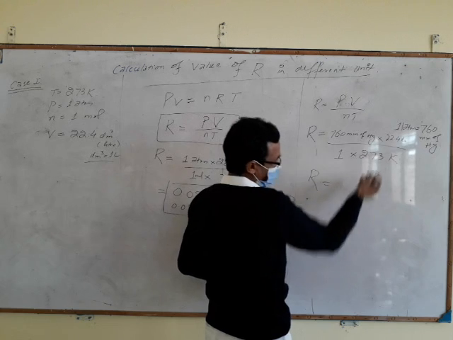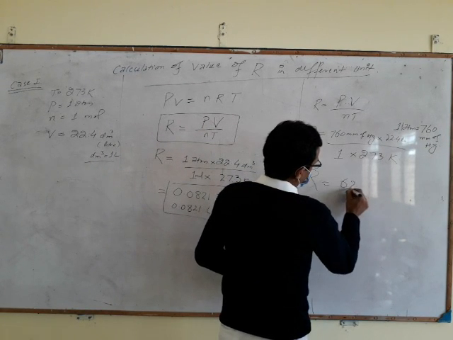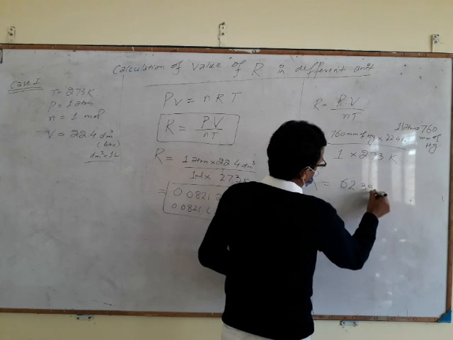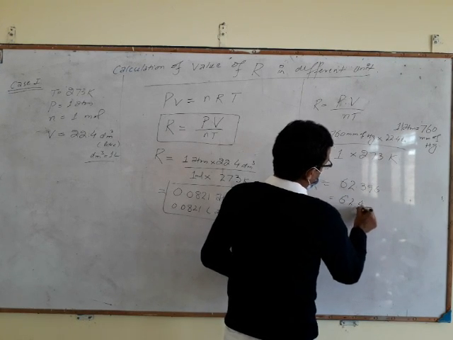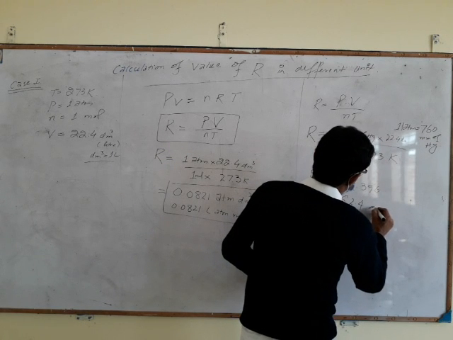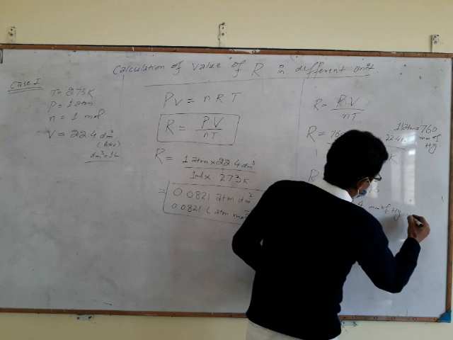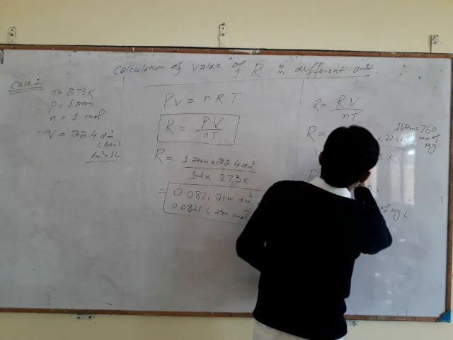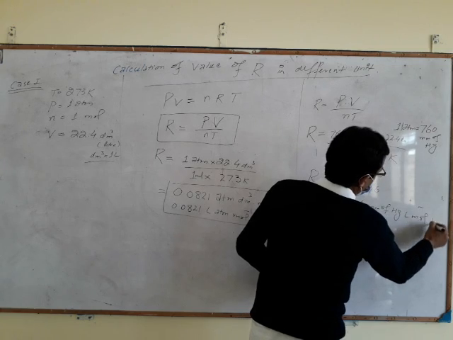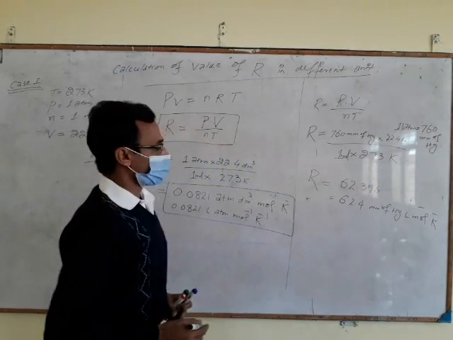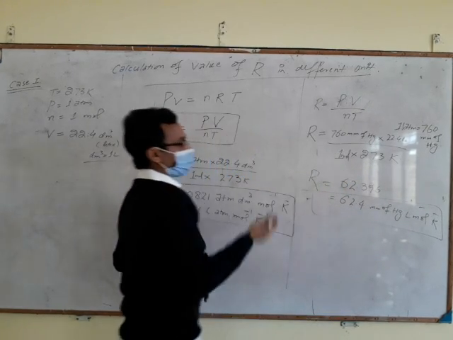By multiplying and dividing all these values, we get 62.396, almost 62.4 mm Hg liter per mole per Kelvin. So this is the value of R in different units.